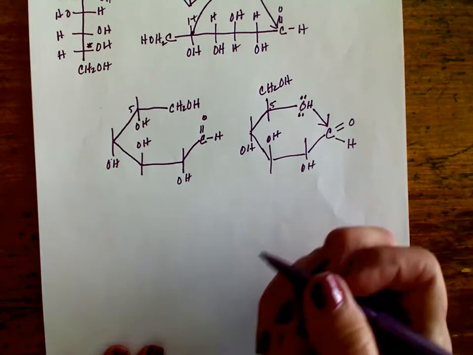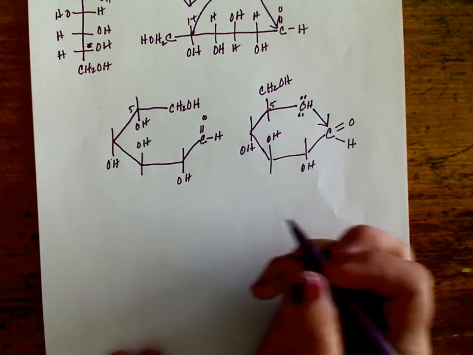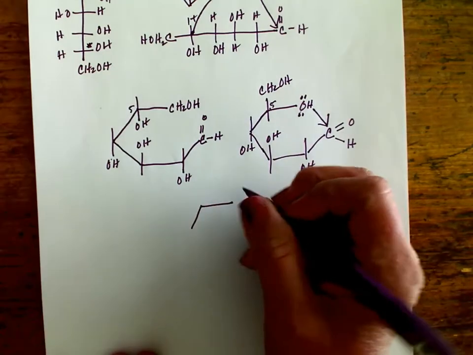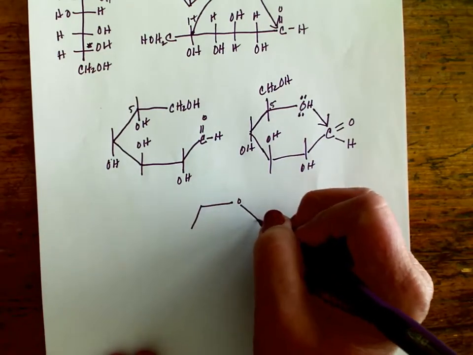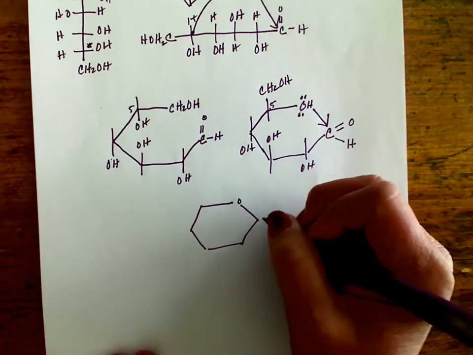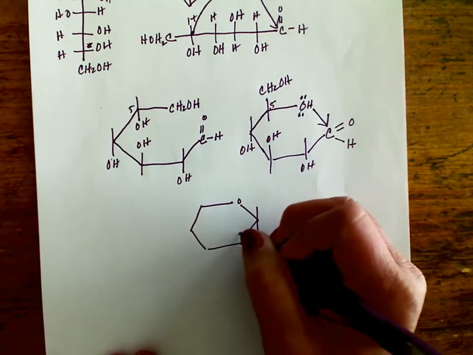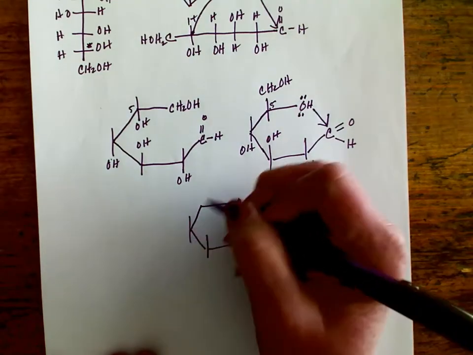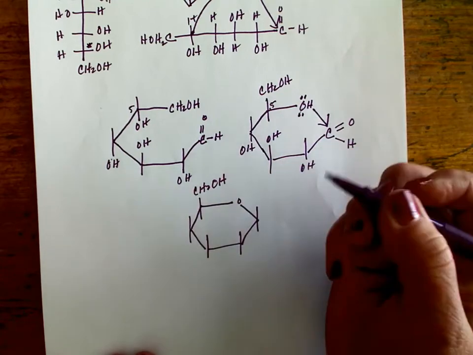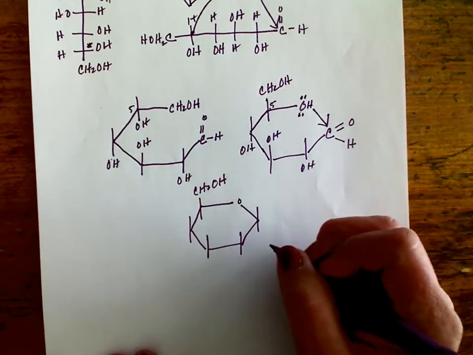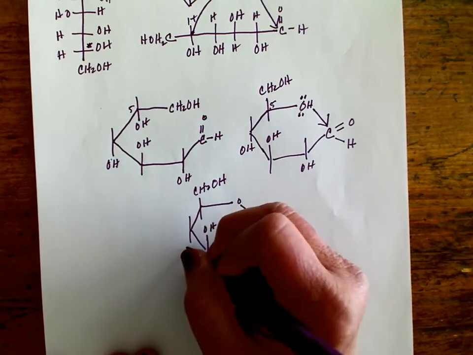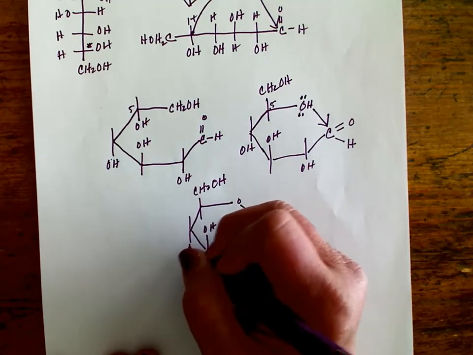And when we get the ring closure, here we go. And generally I don't include the hydrogens, and that's fine. You don't need to show me hydrogens, but you do need, obviously, to show me hydroxyl groups.